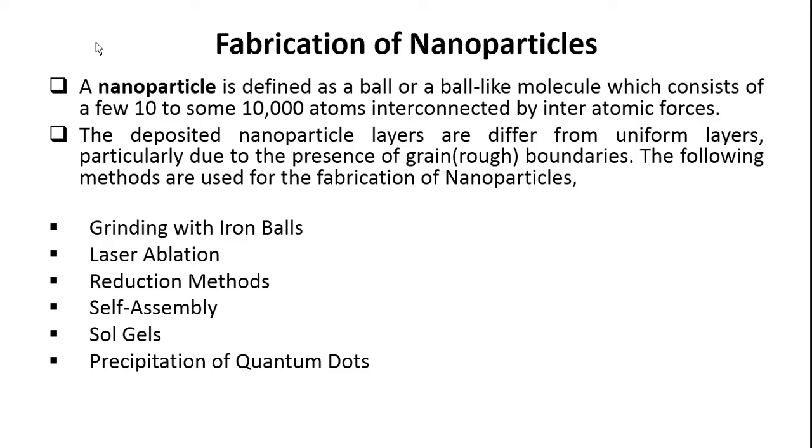Then reduction methods. What is meant by the reduction method? It is the chemical action between materials, metals and some kinds of oxides, or different kinds of chemical materials in liquid or solid form, which under the action of some temperature environment react with each other and are reduced.